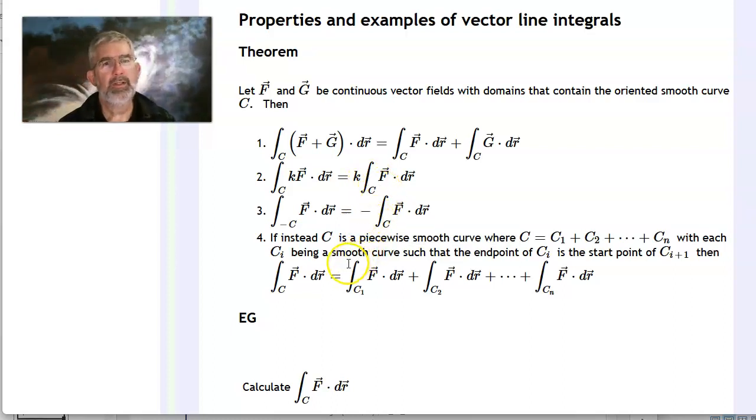Now this is different than what we saw with line integrals of scalar functions. With the scalar function, you used the speed, the length of the velocity vector, and that was always taken as positive. So it didn't matter which way you traversed it.